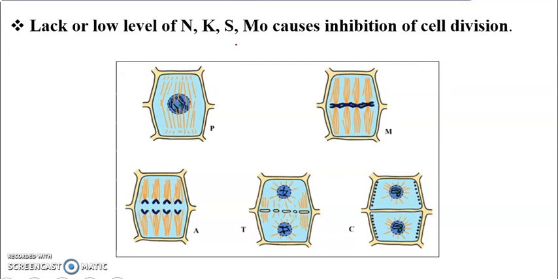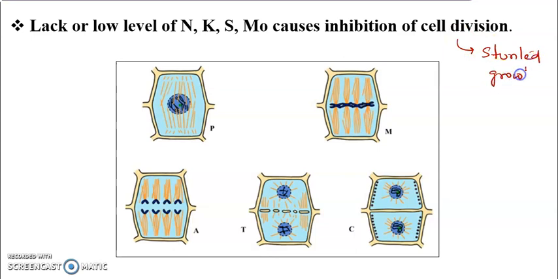The third one is lack or low level of nitrogen, potassium, sulfur and molybdenum. It causes cell division inhibition. Now, cell division inhibition, even though visually you can't see it, you can see an overall symptom of it by stunted growth.